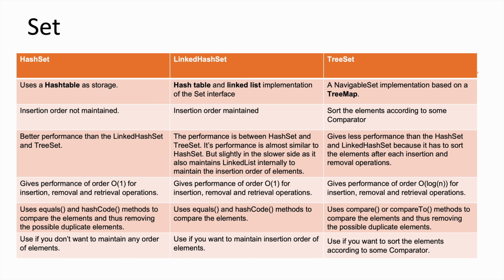A HashSet uses the equals and hashCode methods to compare the elements, thus removing the possibility of duplicates. A LinkedHashSet also uses the equals and hashCode methods to compare the elements. A TreeSet uses the compare and compareTo methods to compare the elements, thus removing the possibility of duplicates as well.